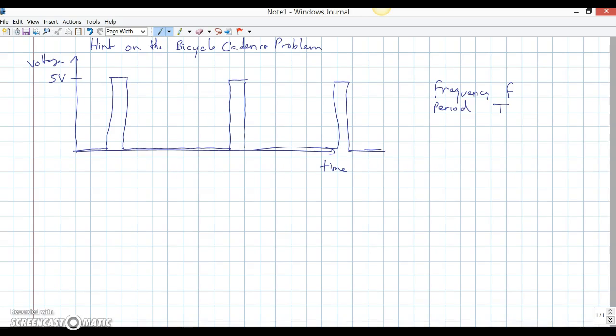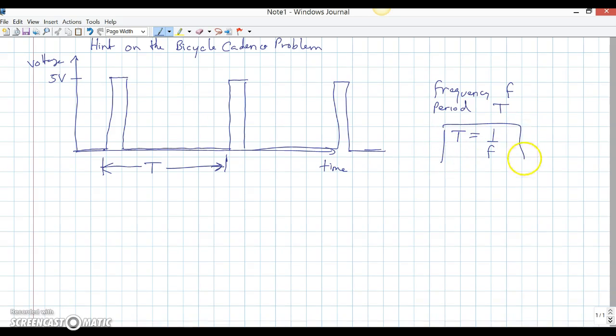The period is the amount of time from one point in this waveform to the identical point in the next. So, for example, the period T would go from here to here. So this would be one period T. The relationship between frequency and period is this: the period is 1 over the frequency.